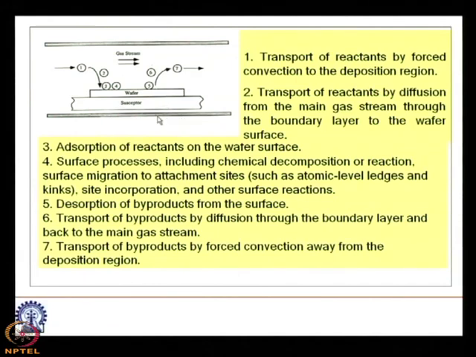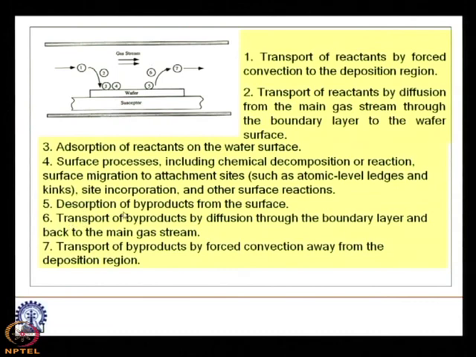So, the temperature is higher in that region compared to the other parts of the reactor. So, it will be chemical decomposition or reaction. Surface migration, that means moving from one part to another part. Site incorporation and other surface reactions. So, the whole thing is basically 4. 4 gives you the shape of the thin film on the wafer.